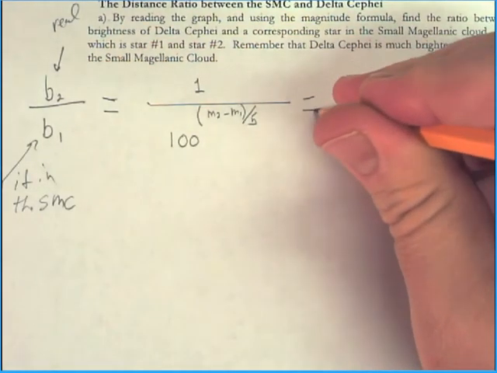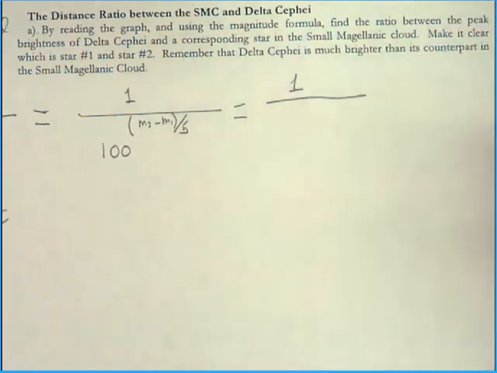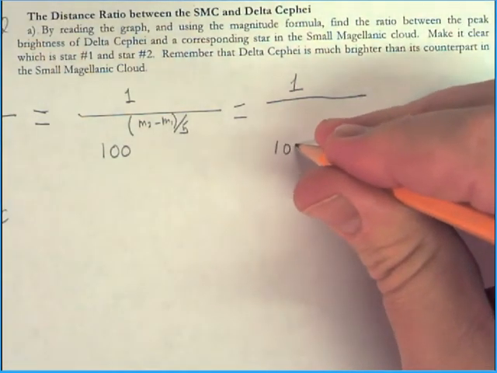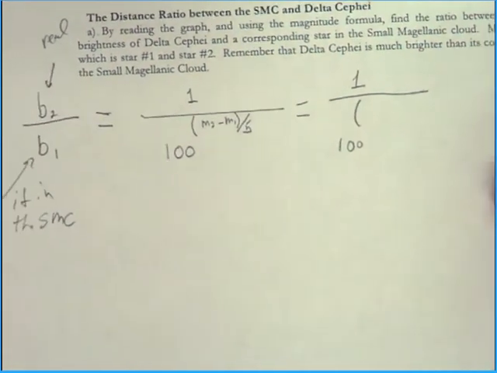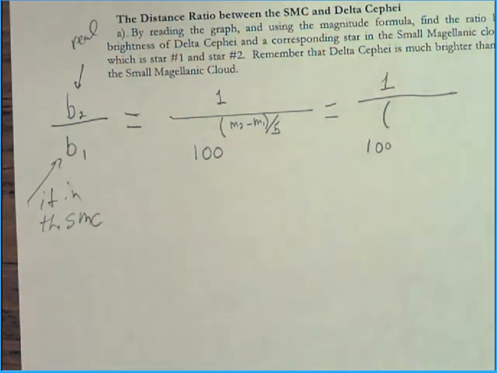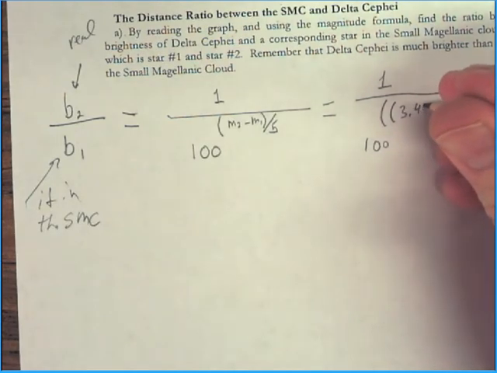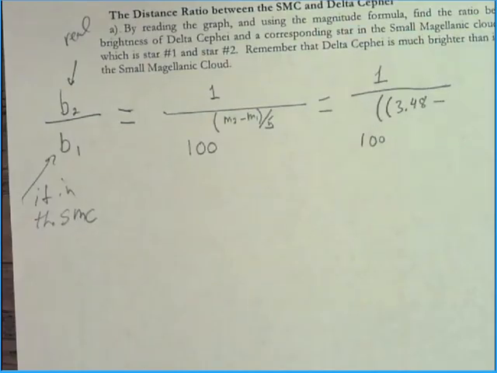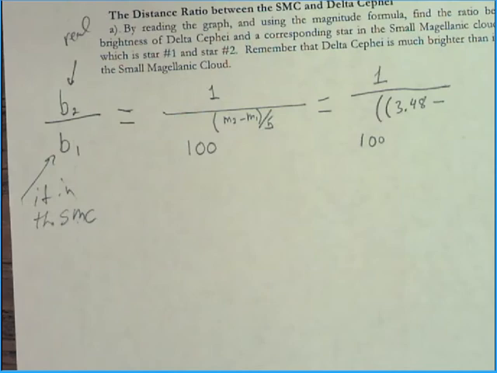So that's got to equal 1 divided by 100 to the, now let's see, 2 was the real one, so that had a magnitude of 3.48. And if it were in the small Magellanic Cloud, it would have had a magnitude of 14.2.